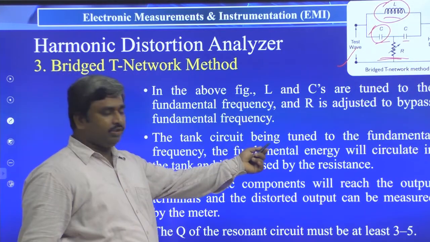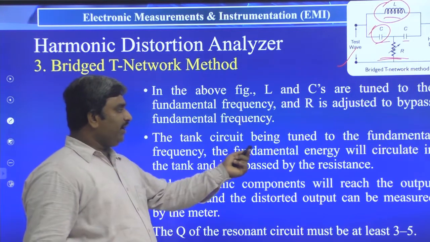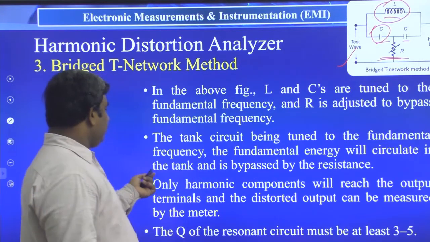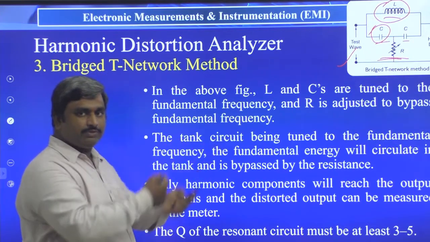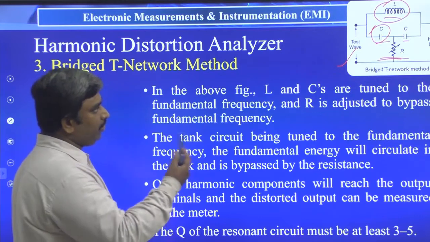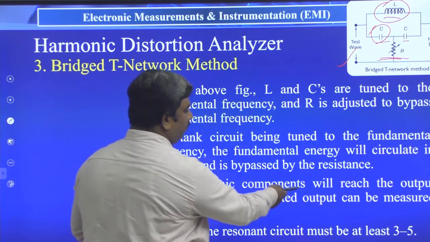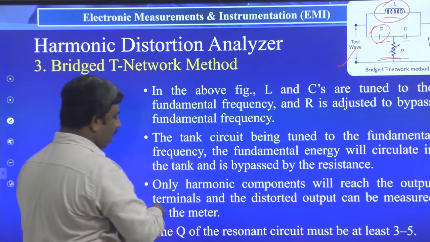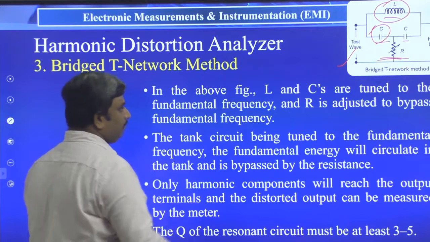The tank circuit being tuned to the fundamental frequency, the fundamental energy will circulate in the tank and is bypassed through the resistor, the concept we just discussed. So whenever you want to bypass the fundamental, you have to adjust the L and C components. Only harmonic components reach the output terminals, and the distorted output can be measured by the meter.